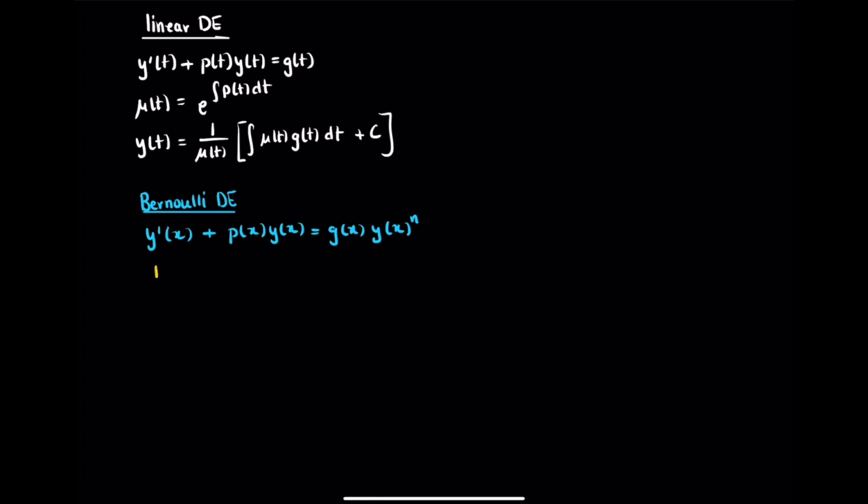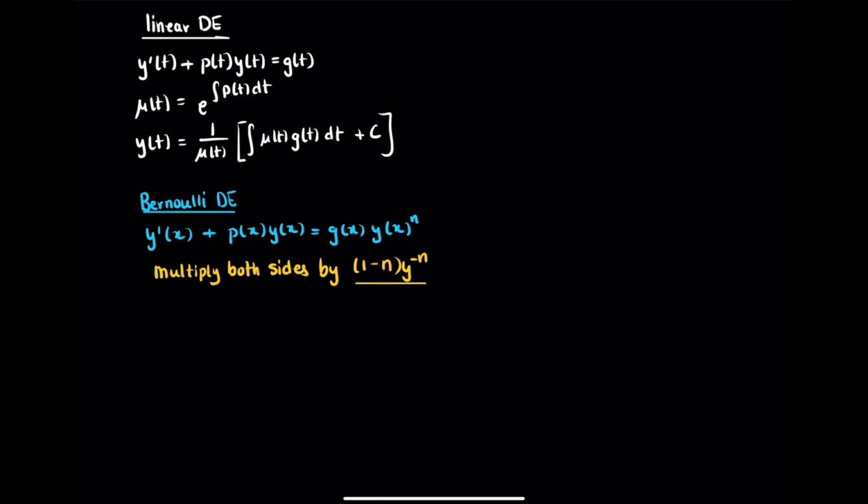So you have to multiply both sides by 1 minus n y to the minus n. Okay?